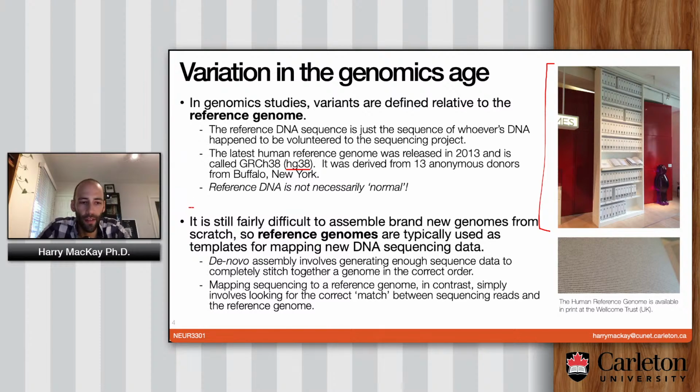Anyway, even though we're doing a lot more sequencing now, and whenever you want to study the genetics of this or that, you can do DNA sequencing and have a very complete overview of your subject's DNA, it's still difficult to assemble brand new genomes. Ideally, every person you study should have a completely unique genome, and you'd want to assemble their genome from scratch. That's not really practical at the moment.